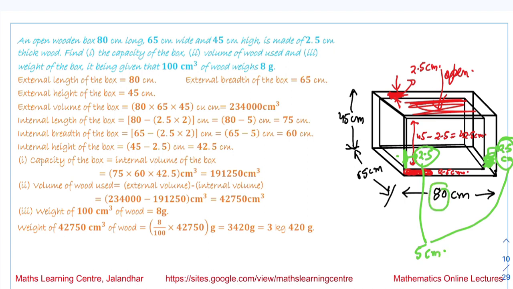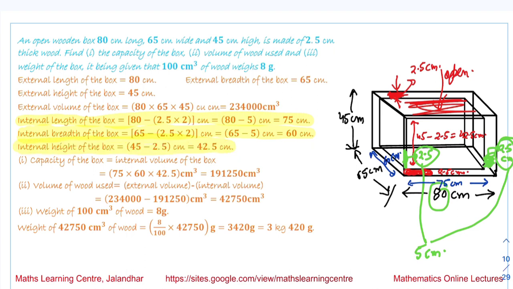When we subtract 5 from 80, we get the inside length as 75 centimeter. The inside breadth will similarly be 60 centimeter. This is shown over here: internal breadth of the box is 60 centimeter, internal length is 75 centimeter, and internal height is 42.5 centimeter.